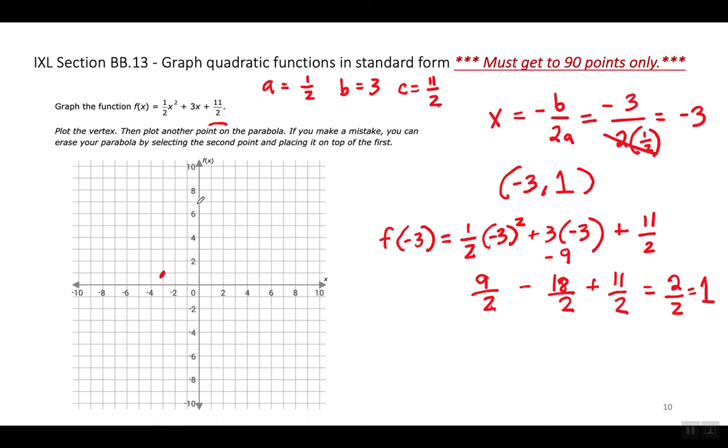So if it has a .5, IXL will accept it in your graph. And that's what we get when we divide 11 by 2. 11 divided by 2 equals 5.5. All right? So my point is I am able to just plot the y-intercept.